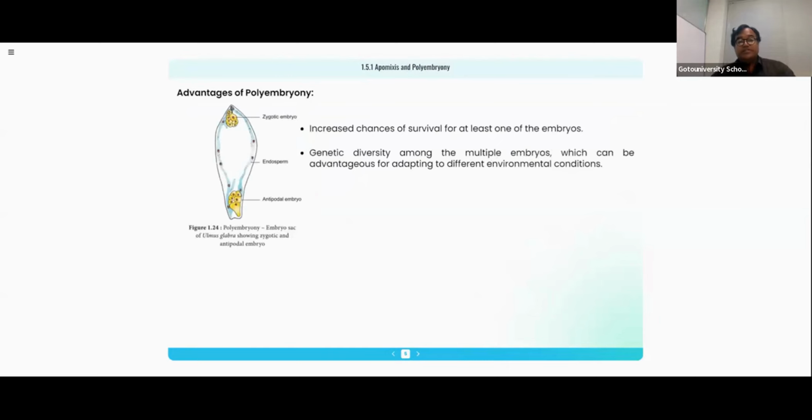Now, the advantage of polyembryony is that the chance of survival for at least one of the embryos is much more. At least one embryo will survive very nicely. There is also genetic diversity among the multiple embryos, which is an advantage for adapting to different environments. As a plant seed, sometimes I need to encounter winter, sometimes summer, sometimes spring. Depending on the various climatic conditions, I need to sustain and thrive.